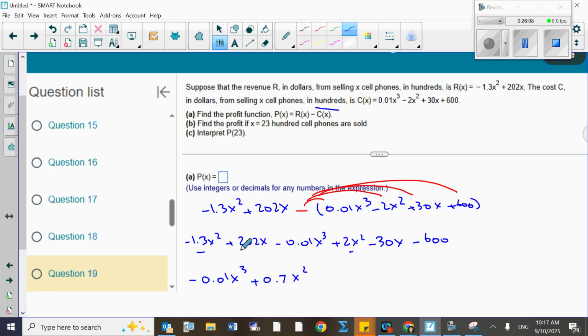And then this one, 202x and 30x. This is positive, this one is negative, so you need to subtract them, which will be positive 172x. And then I have a negative 600, which is alone here, so I'll keep it. So this is our profit function.